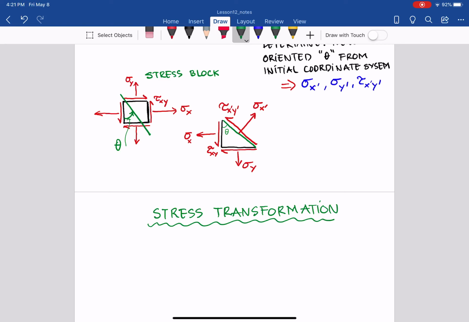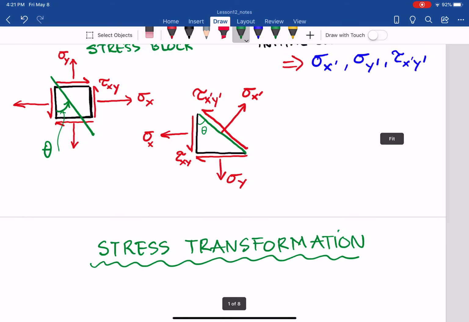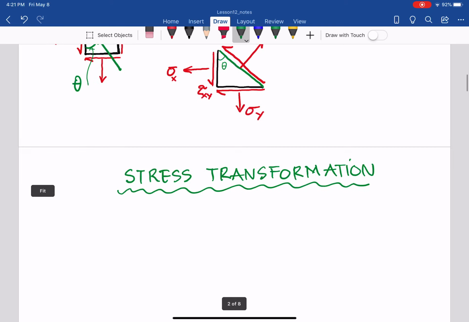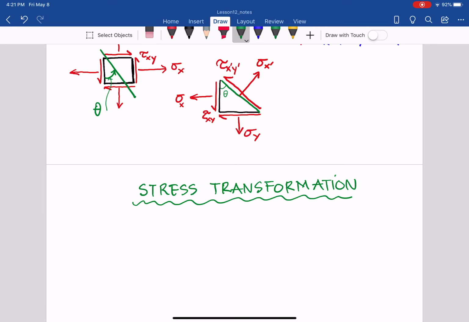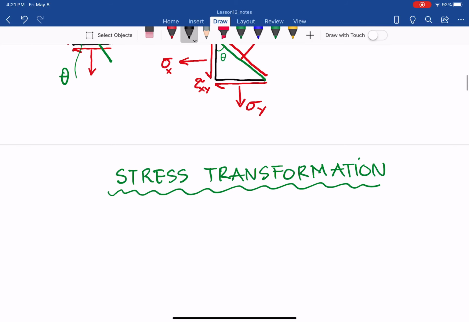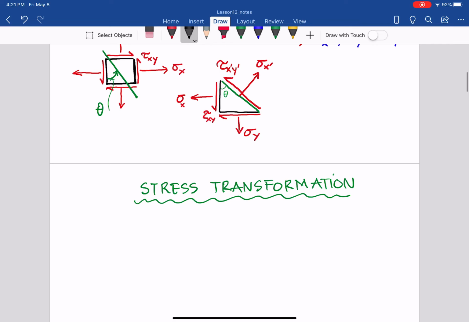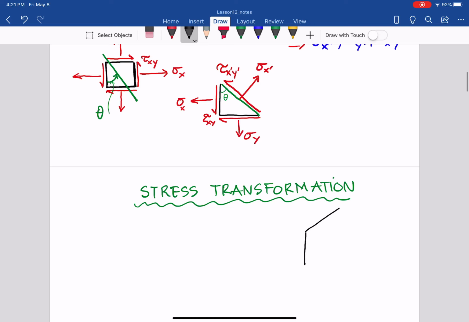So let's put that block into 3D. What you have here is the block up here in 3D.